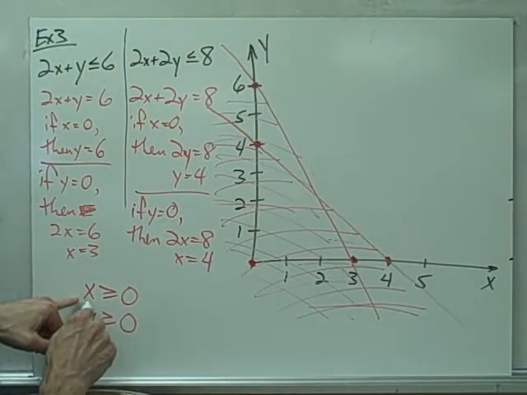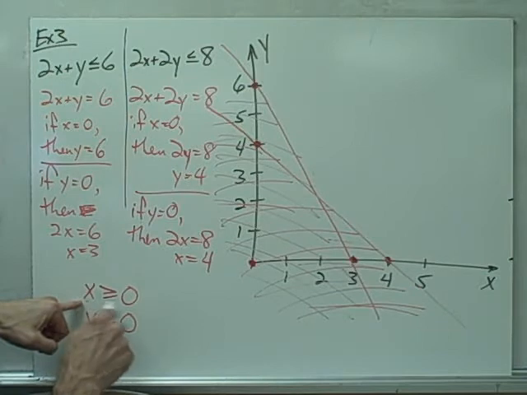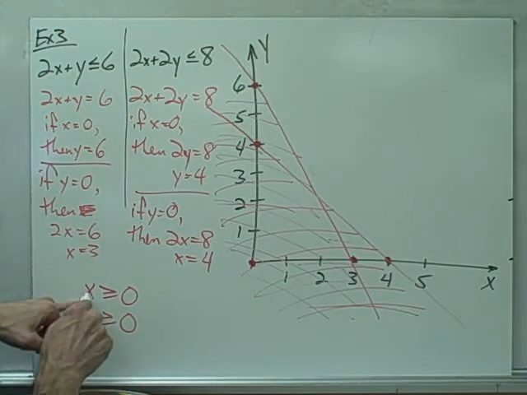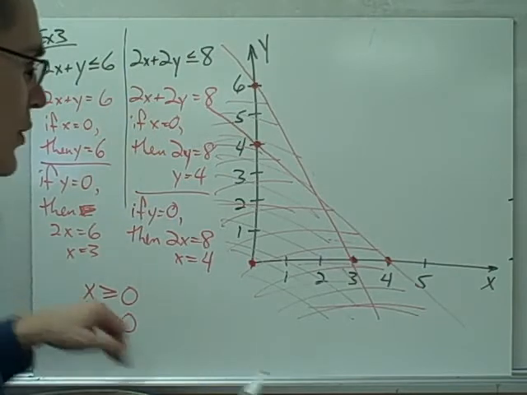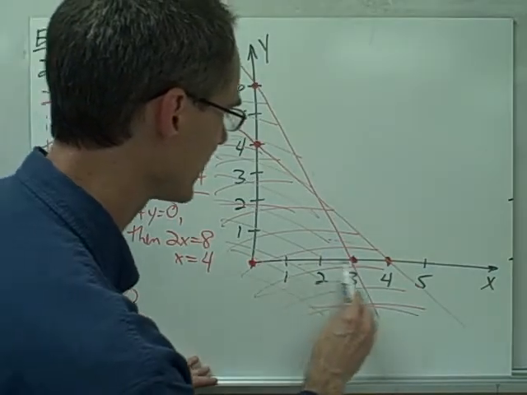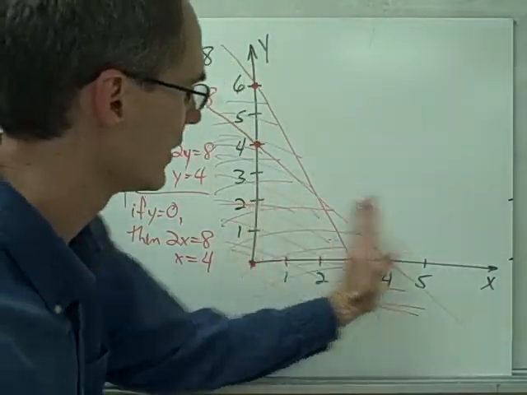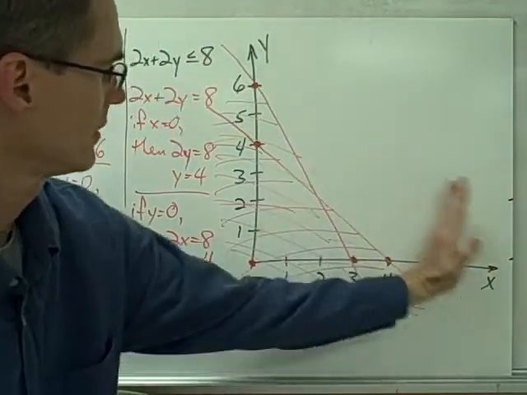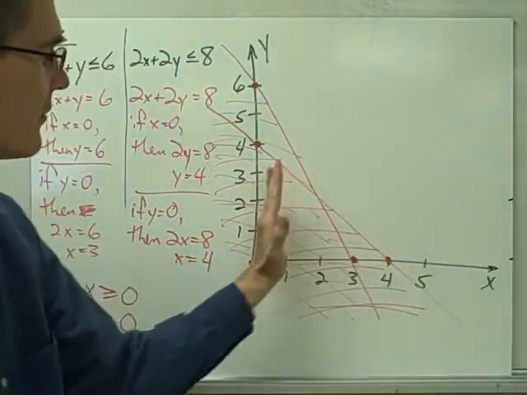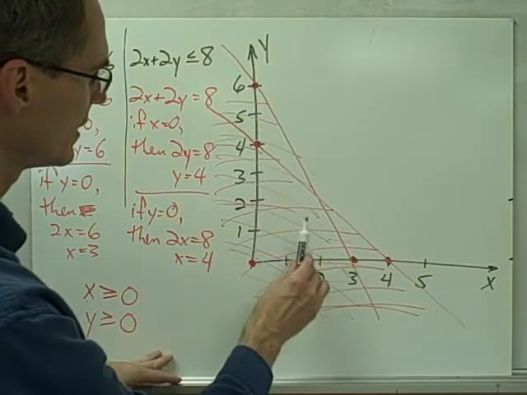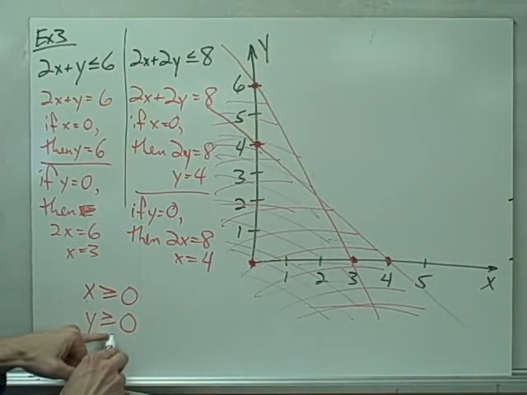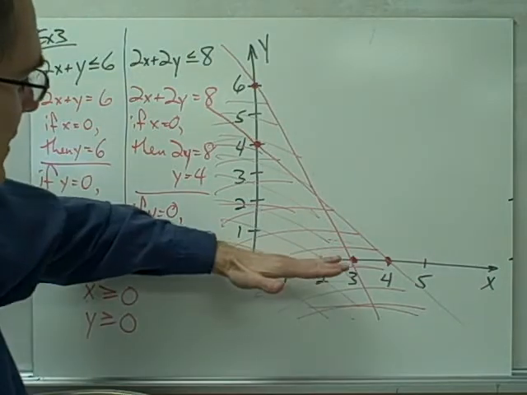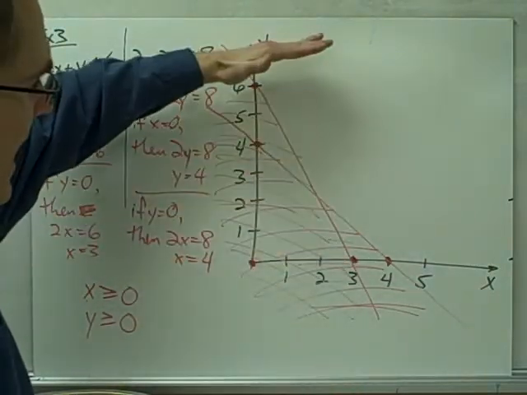This one says if x is greater than or equal to 0, I want only x values that are either positive or 0, which means everything to the right of the y-axis. This one says let y be greater than or equal to 0, which means everything that's above the x-axis.